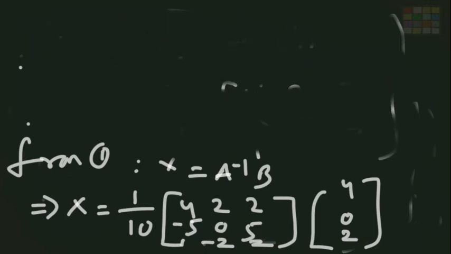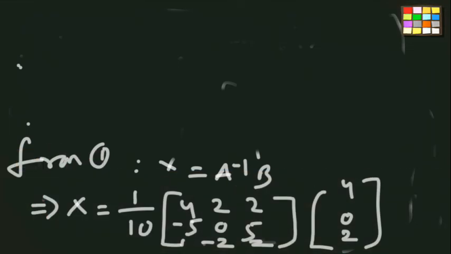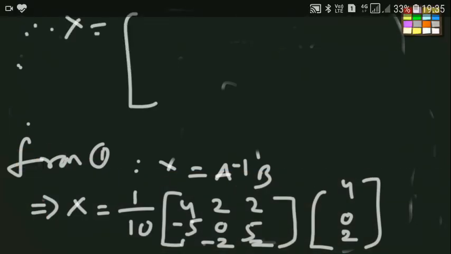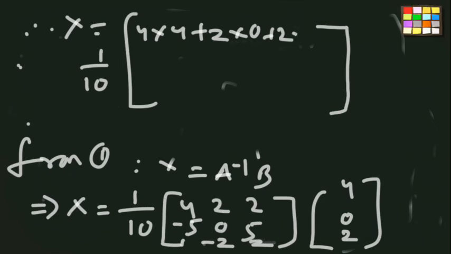Clearly you can see the first matrix is a 3 cross 3 matrix and the second matrix is a 3 cross 1 matrix. So obviously I am going to get a 3 cross 1 matrix. Therefore X equals a 3 cross 1 matrix, means you make provision for this, then 1 by 10 will be outside the matrix. So it will be 4 into 4 plus 2 into 0, first row and first column, plus 2 into 2.